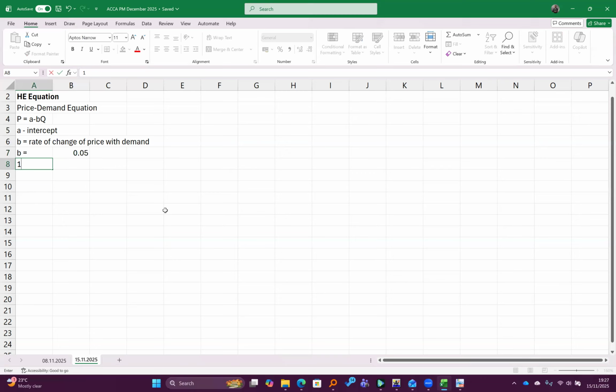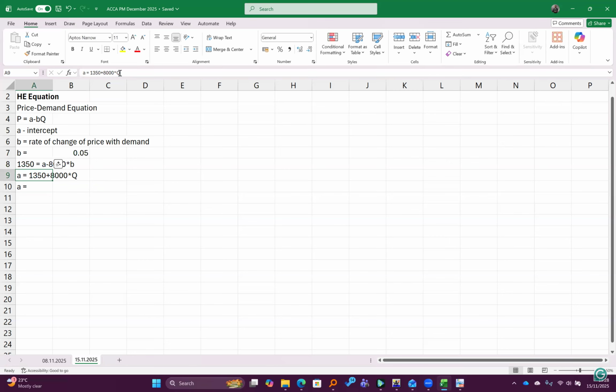Now from here we can now get A if we use this component here, 1,350, 8,000. So 1,350 is equal to A minus 0.05 times Q, where Q is 8,000. So if you try to arrange this, A will equal to 1,350 plus 8,000 multiplied by B. Oh, sorry, that is not Q. This is B, because Q is the 8,000.